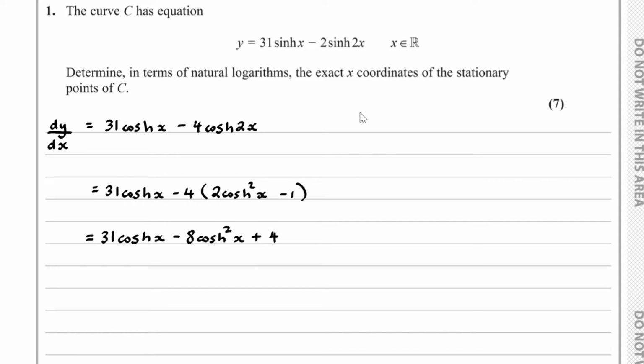Now, because we're talking about stationary points, that suggests dy over dx is equal to 0. So we need to set this equal to 0. So we've got 31 cosh x minus 8 cosh squared x plus 4 equals 0.